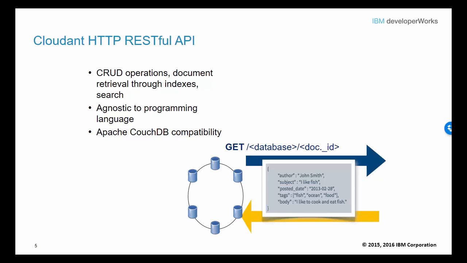The API, because it's HTTP based, is agnostic to programming languages, so any programming language that has the ability to make HTTP calls will be able to interface with Cloudant. It is 100% compatible with Apache CouchDB, and as I mentioned in the previous slide, it was developed on top of the CouchDB code.